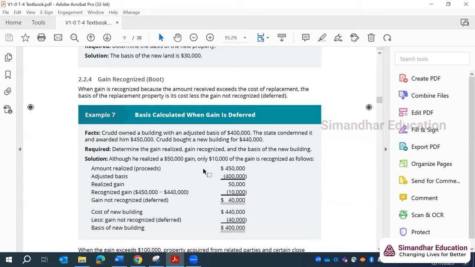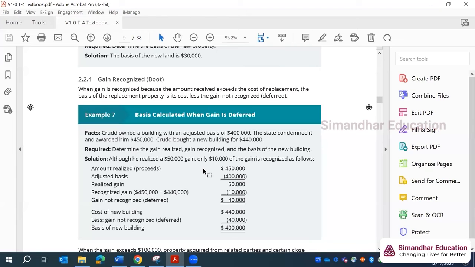Now in this example, say CRUD's adjusted basis in the building was $400,000 and the state condemned the building and awarded him $300,000. And CRUD bought a new building for $440,000.